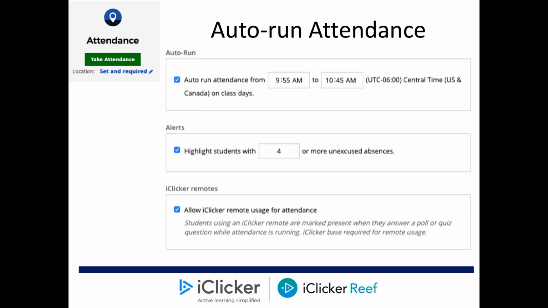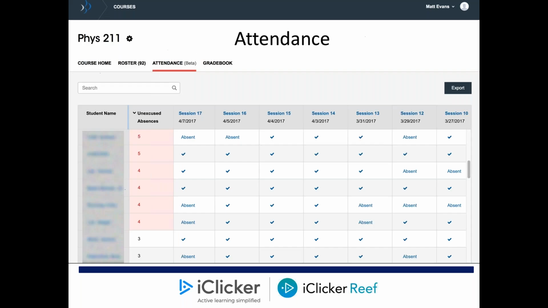You can either use the online app, the iClicker REEF app that a student will have on their device, either a phone or a computer, and they can check into the session to be marked as present, and somebody who has a physical device in that room will just answer any question and they will be marked as present. What this does is it allows you to have different types of devices in your classroom depending on whether your school's policy is to allow phones in the classroom or not. And I've found that it's quite effective because I can capture all of that attendance data very quickly.